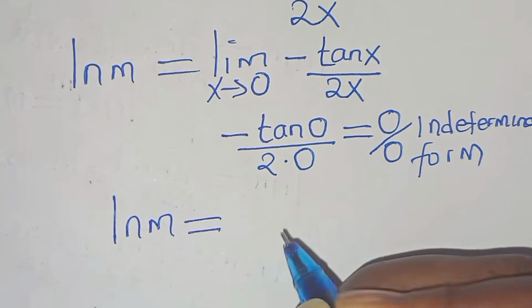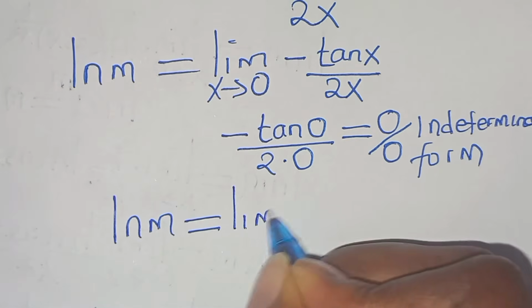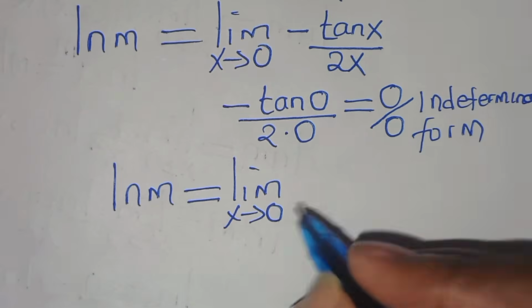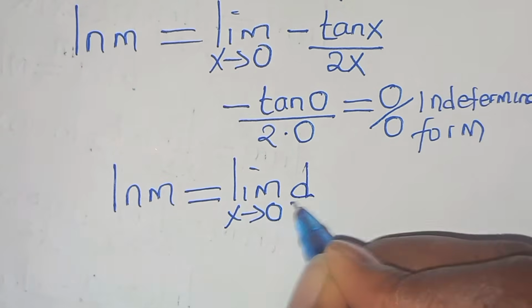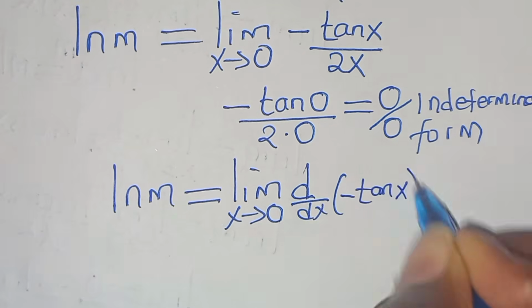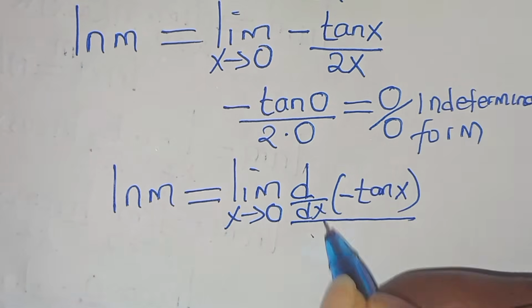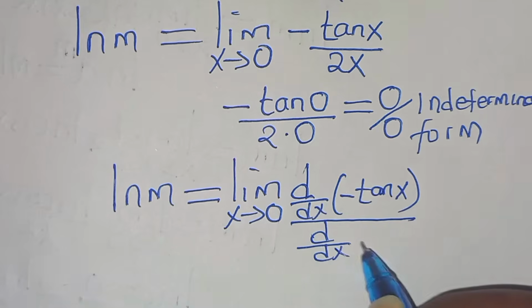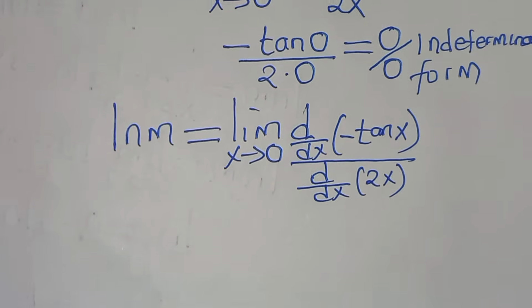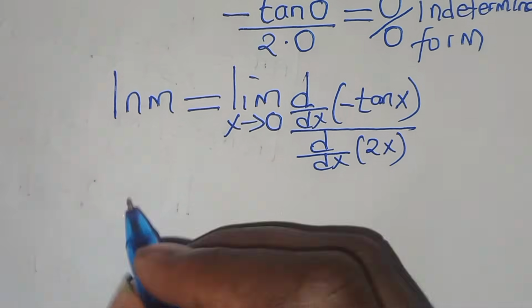This is equal to the limit as x tends to 0 of the derivative of negative tan x divided by the derivative of 2x. Okay? And this means that we have the L'Hopital's rule.